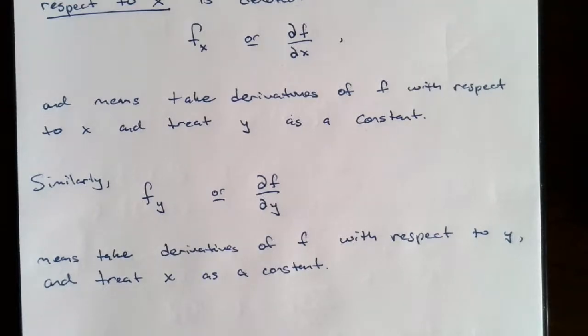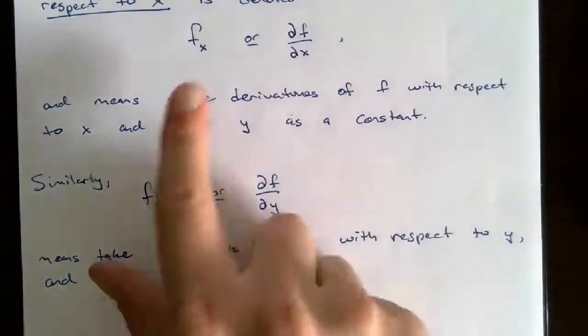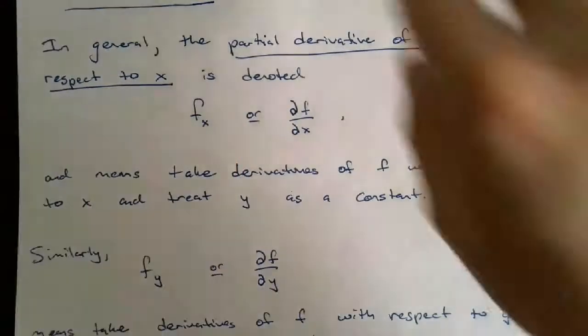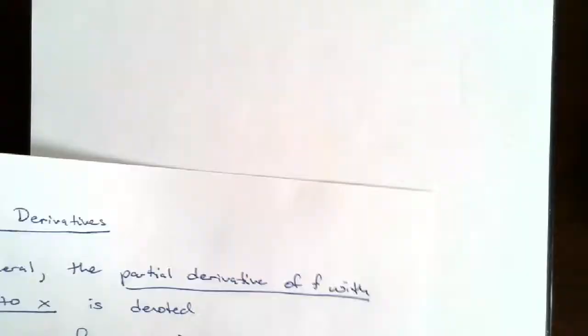I think this is the easiest way to see this. These are partial derivatives with respect to x, and these are partial derivatives with respect to y. As we do this, you'll be asked to find both.